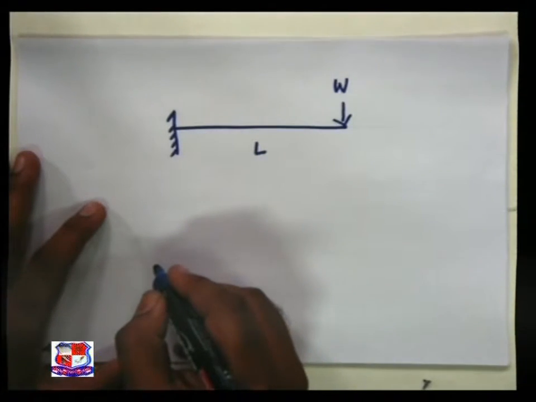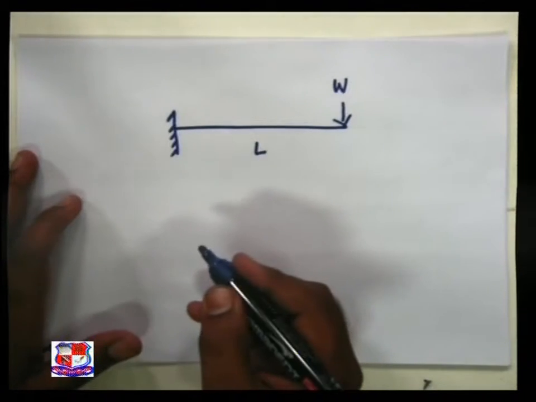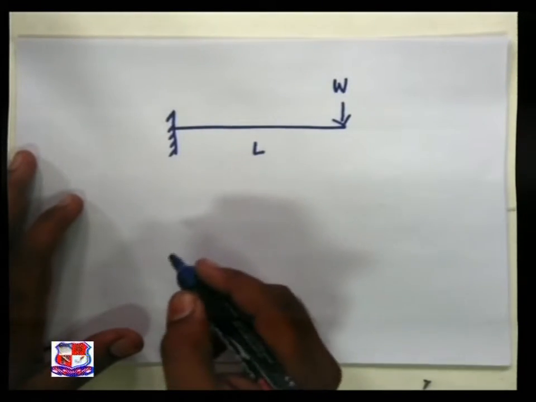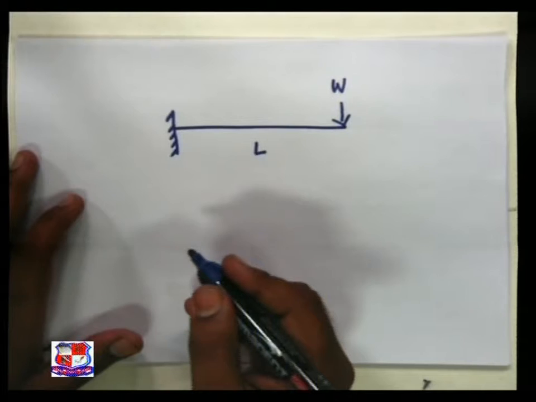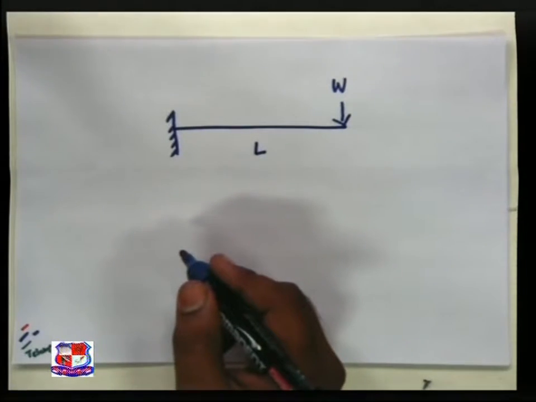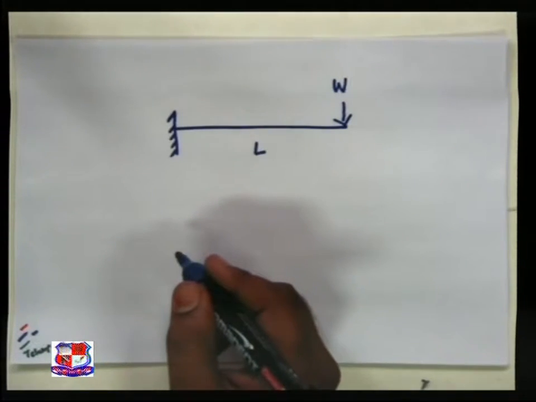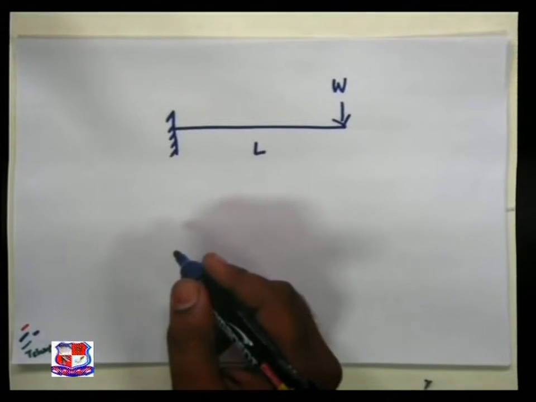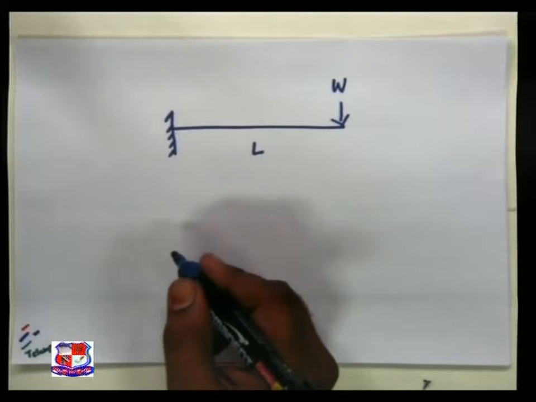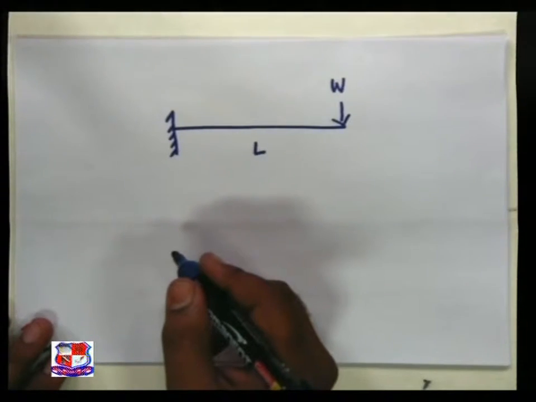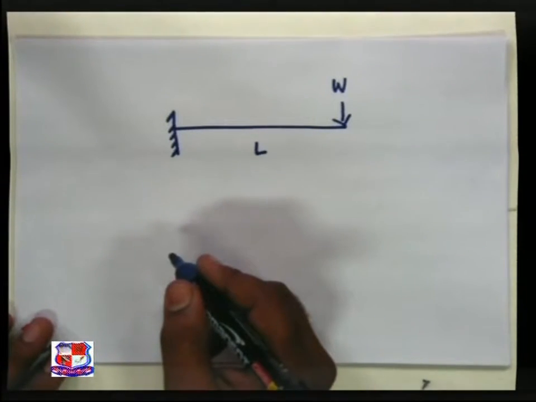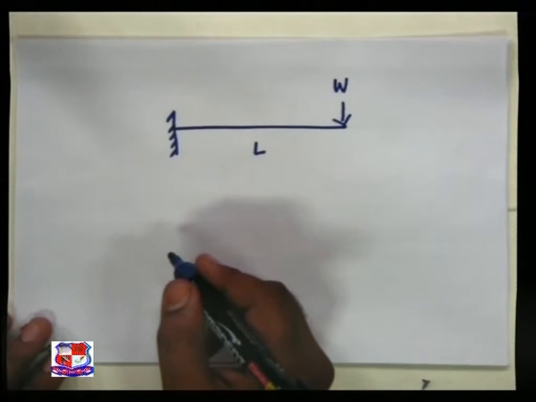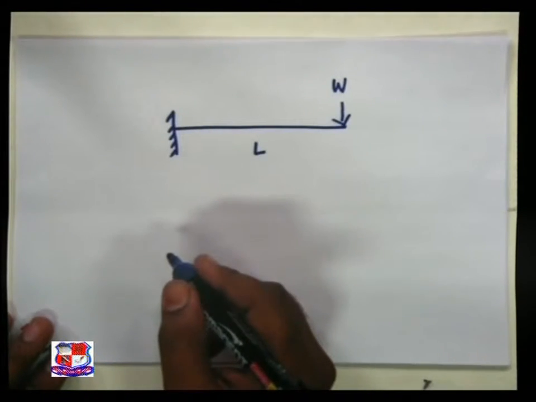Now we have two options. Either we use the various rules that we used in the previous cases in series 1, or we take a section and then plot. So now let us use our original approach. By taking a section, we are going to plot the shear force diagram.